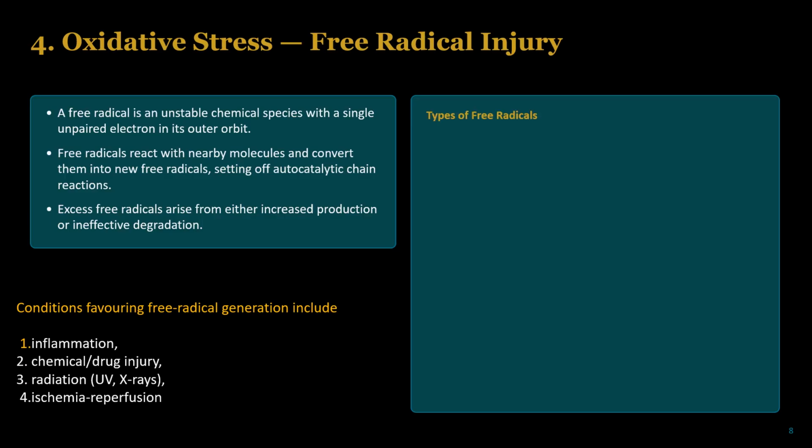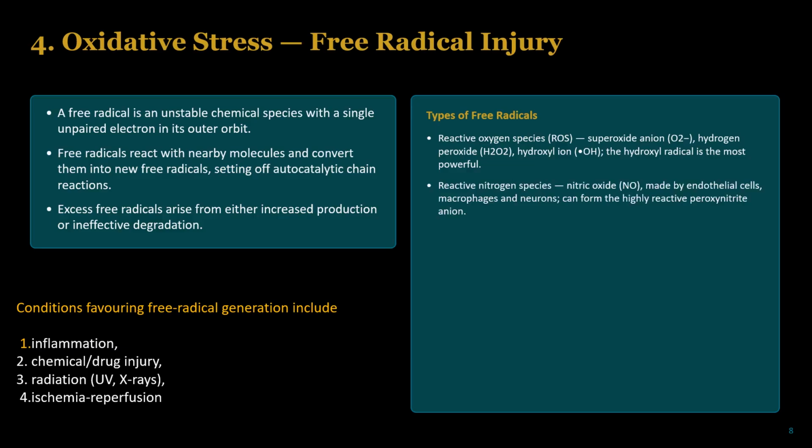Now let's talk about the different classes or types of free radicals. We have reactive oxygen species, or ROS. Examples of reactive oxygen species are superoxide ion, hydrogen peroxide, and hydroxyl ion. Reactive nitrogen species are also examples of free radicals. There are also drug and chemical-derived free radicals.